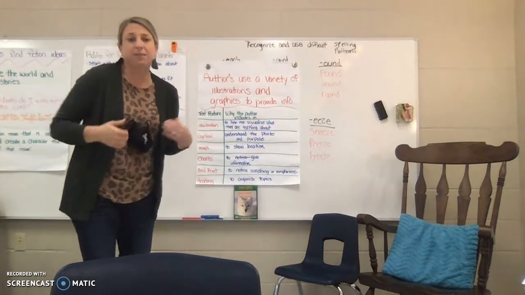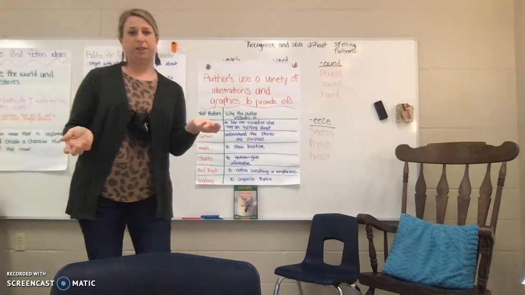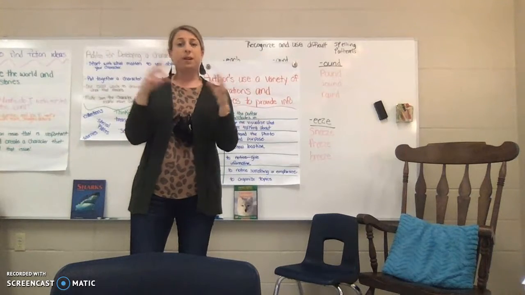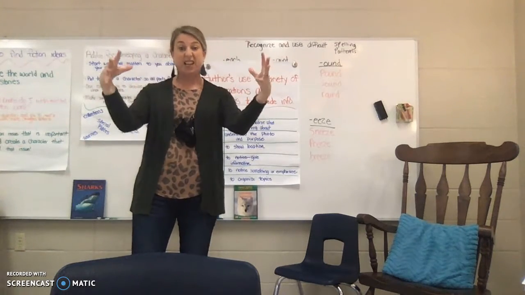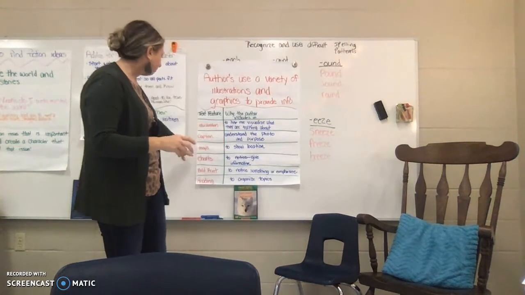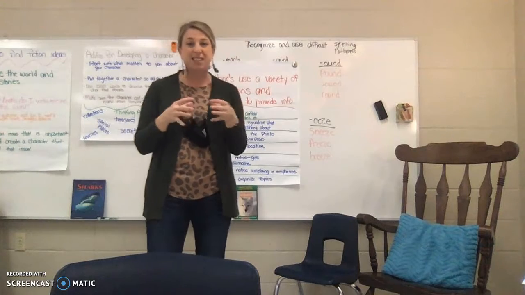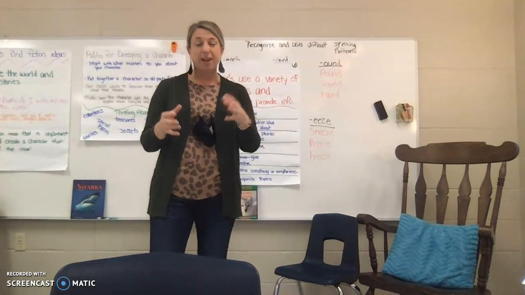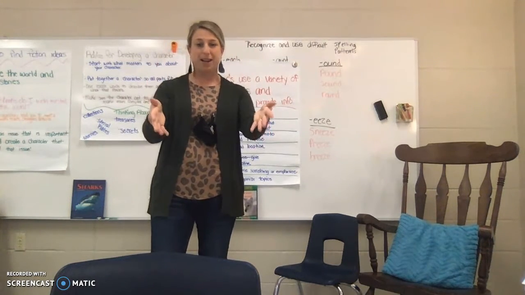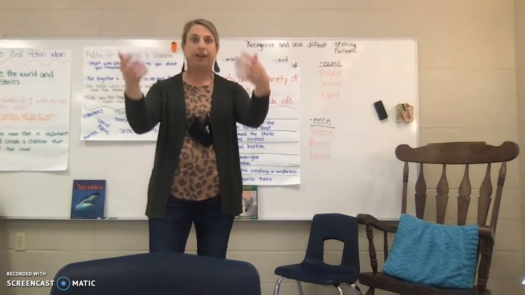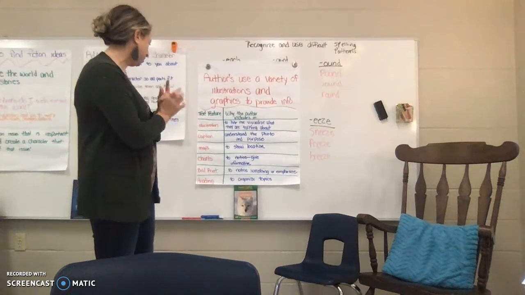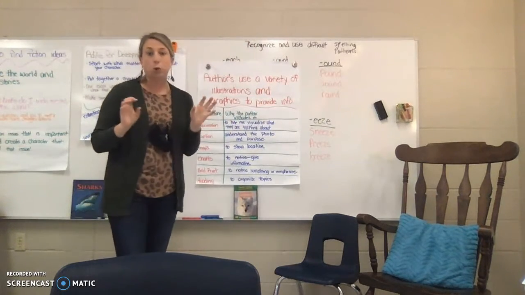Maps. Sometimes I don't understand where the author's talking about this place is at, but if there's a map of it, I can see where they're talking about. Charts help give me a lot of information in an organized way, and I don't have to sit there and reread to understand the information. Sometimes they use bold print.